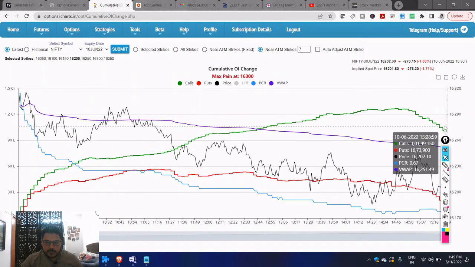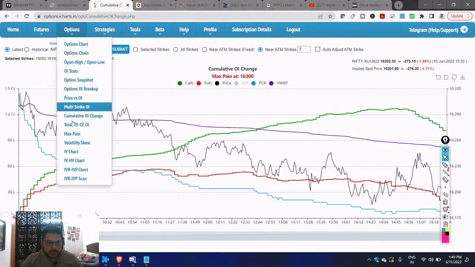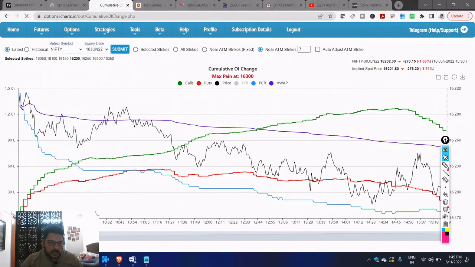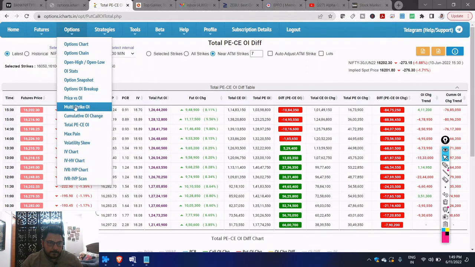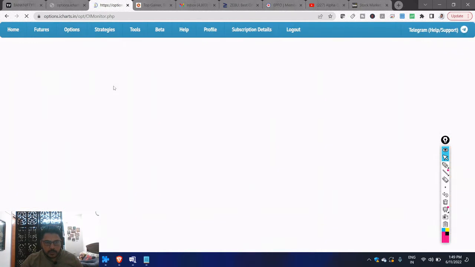Let's look at cumulative OI change on Nifty. Calls are pretty high. On the 7 strikes, I want to see for the last 7 days if I'm able to see or not. Multi-strike OI.